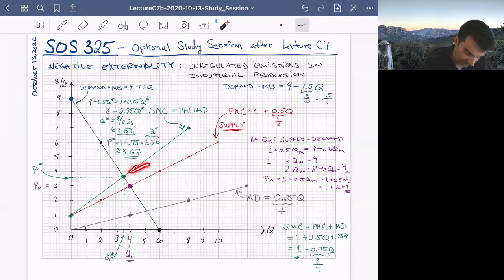So we need to solve for that one as well. To find this point, I just need to plug QM into the SMC function.